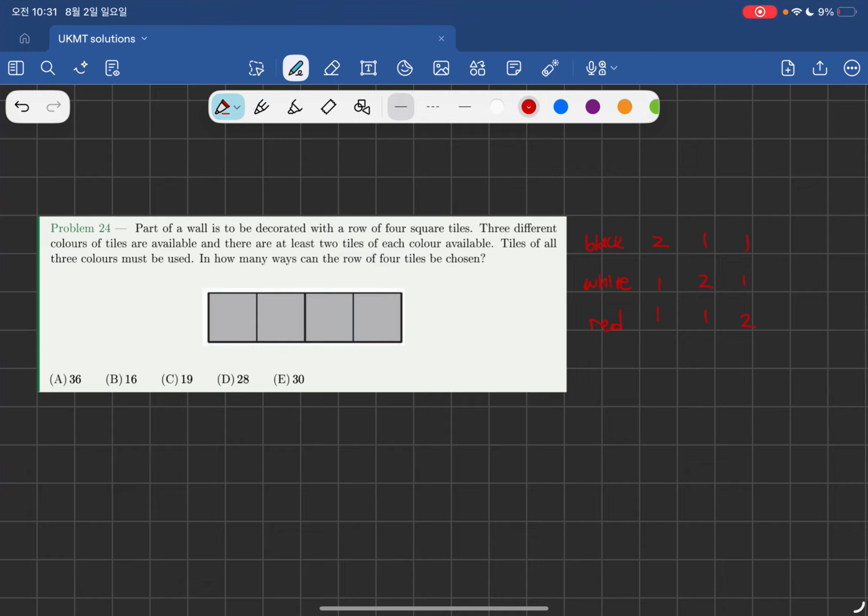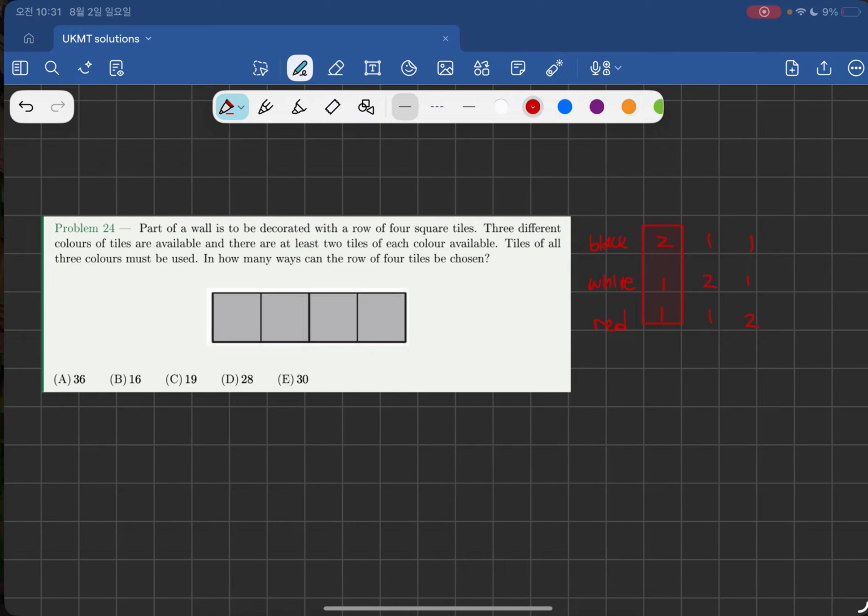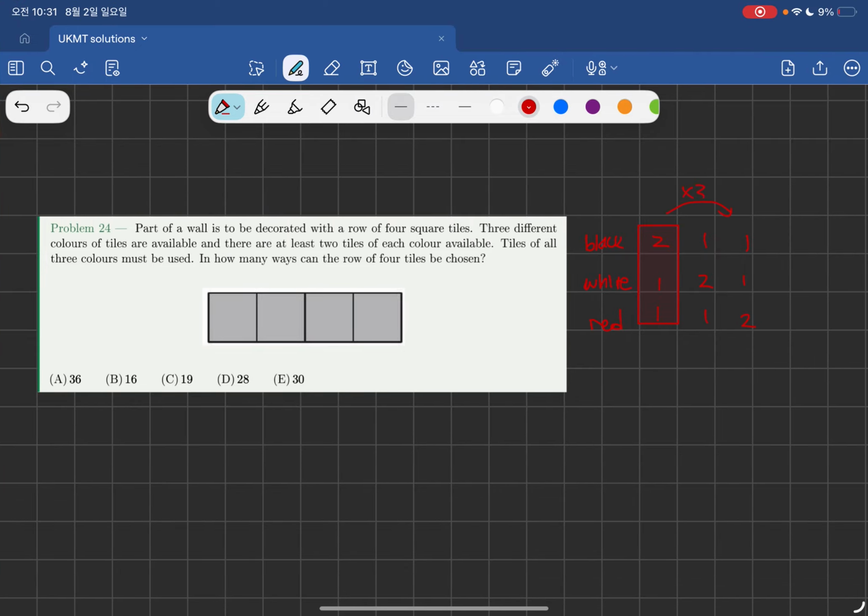And if we just find the number of ways for one case, then we can simply multiply by 3 to find the total number of possible ways for the tiles.